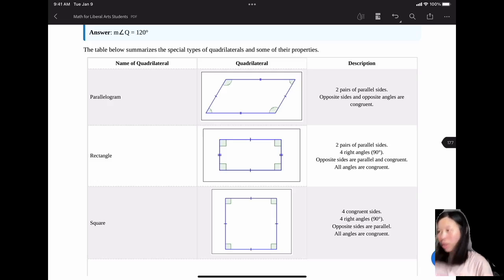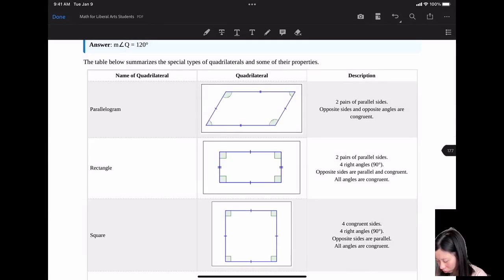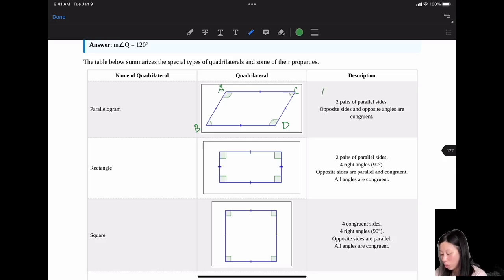One is the parallelogram. So what is a parallelogram? A parallelogram is a quadrilateral that has two pairs of parallel sides. In here, A, B, C, D. For this example, we have side AB parallel to side CD, and side AC parallel to side BD.